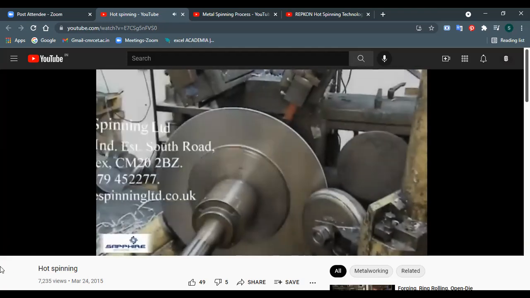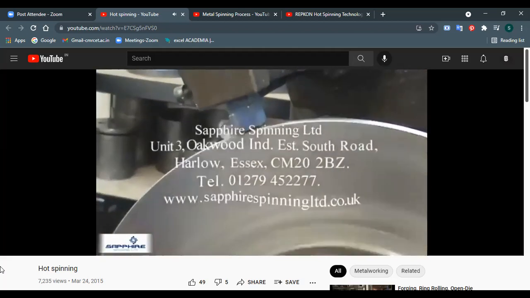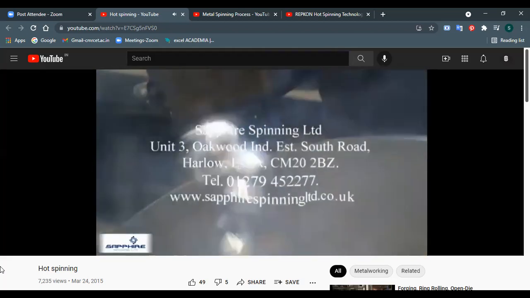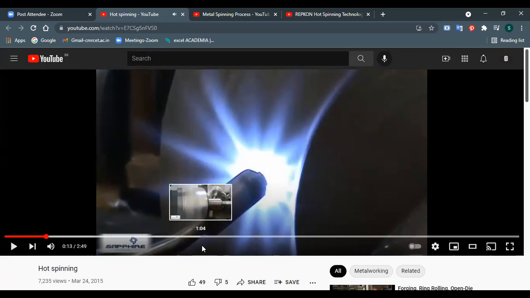Therefore, you have this hot spinning process. So you see, it is being heated so that it can be taken to that state. That is why we call it hot spinning.